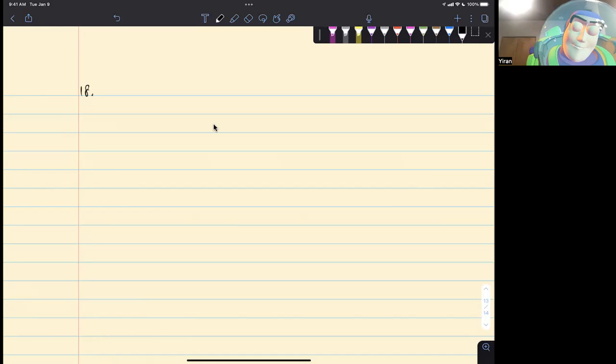So the goal is to show there exists an element in C such that this is inside of the neighborhood W. Let's just use z_1 to z_n to denote it.